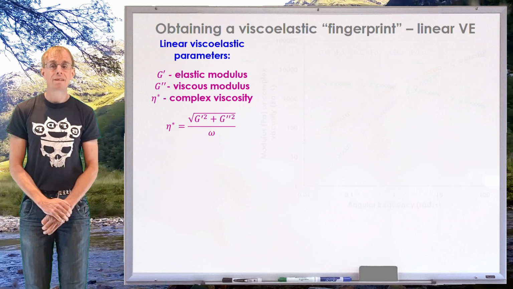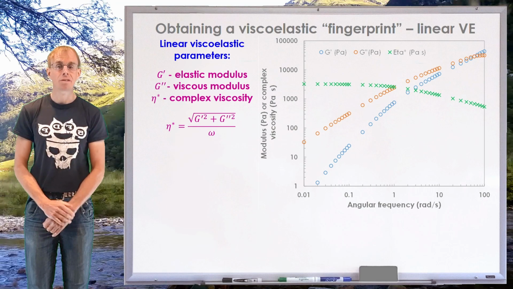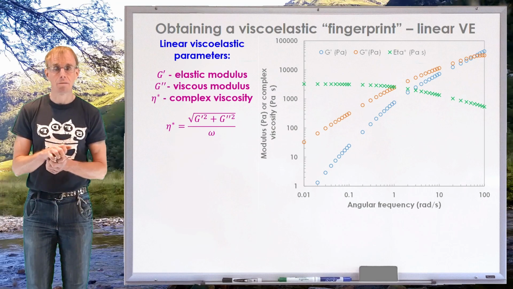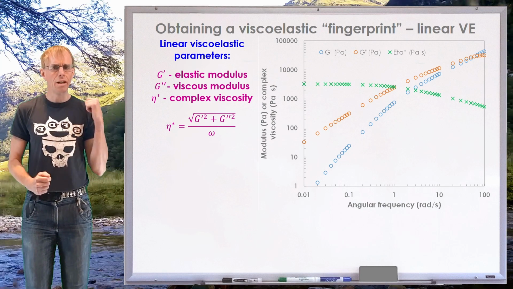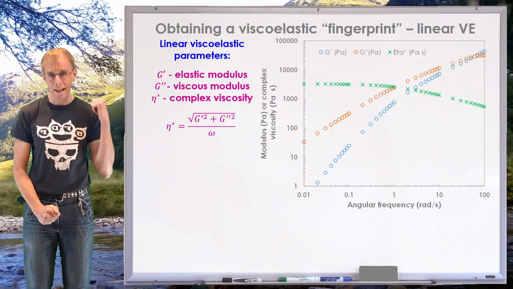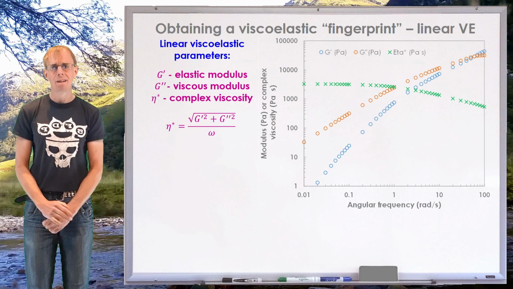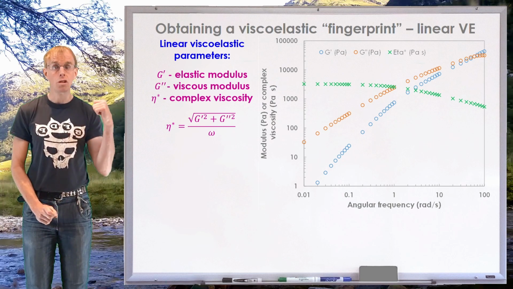And typically what we did was we looked at the behaviour of these linear viscoelastic parameters as a function of angular frequency in an oscillatory rheometric test. Typically what we found for a polymer melt is something that looks a little bit like the graph I've just put on the board there. This is for a polyethylene, and what we see is that at low angular frequency, G double prime dominates, the orange circles.